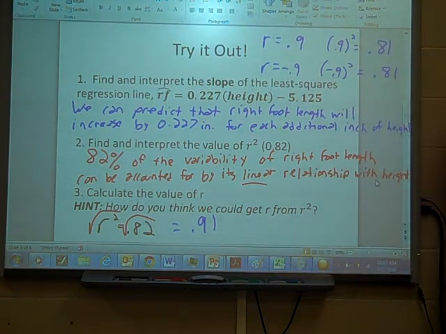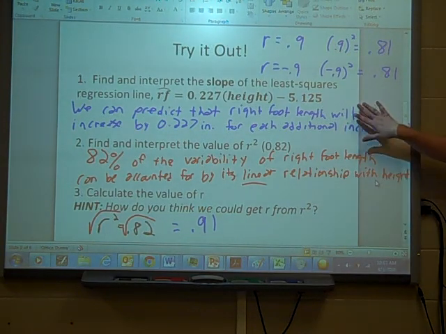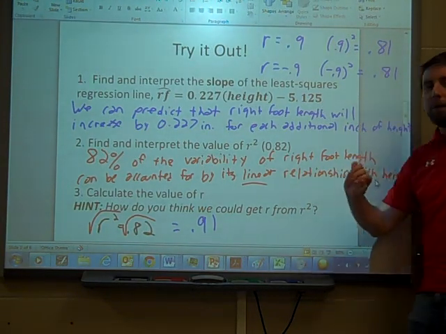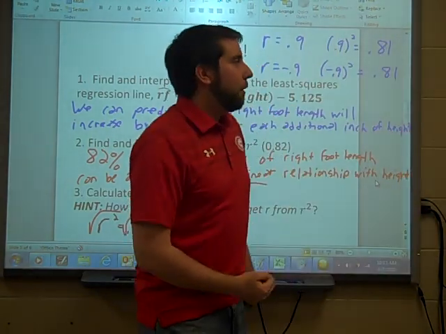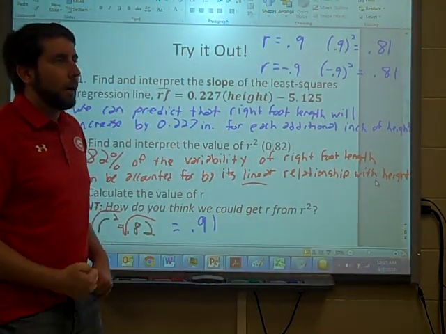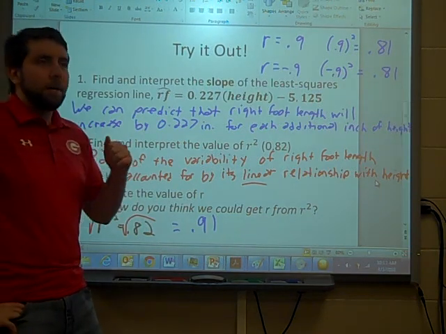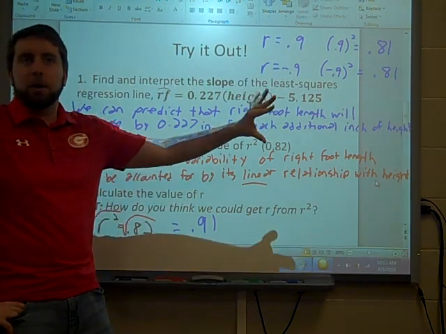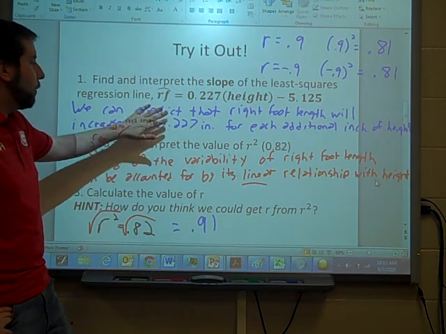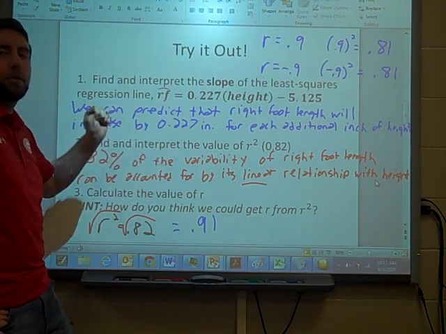You can pause the video if you want. Just like with p-value, you just say fail to reject or reject, and we have significant evidence, or with confidence intervals, I'm 95% confident that, and you just fill in the script. Slope and r squared are just like that. Just know the script.